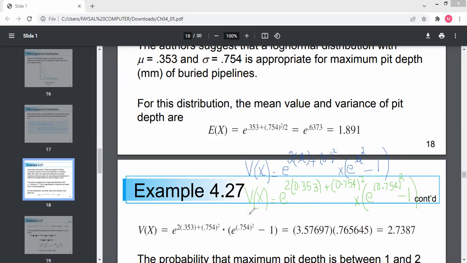Okay, so for this it will be 3.57697 multiplied by 0.765645.